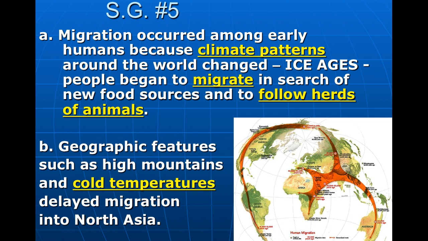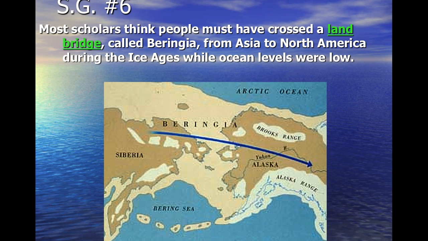Number 6. Most scholars think that people must have crossed a land bridge called Beringia from Asia to North America during the Ice Ages, while ocean levels were really low. So it's really cold. The ocean levels are low.